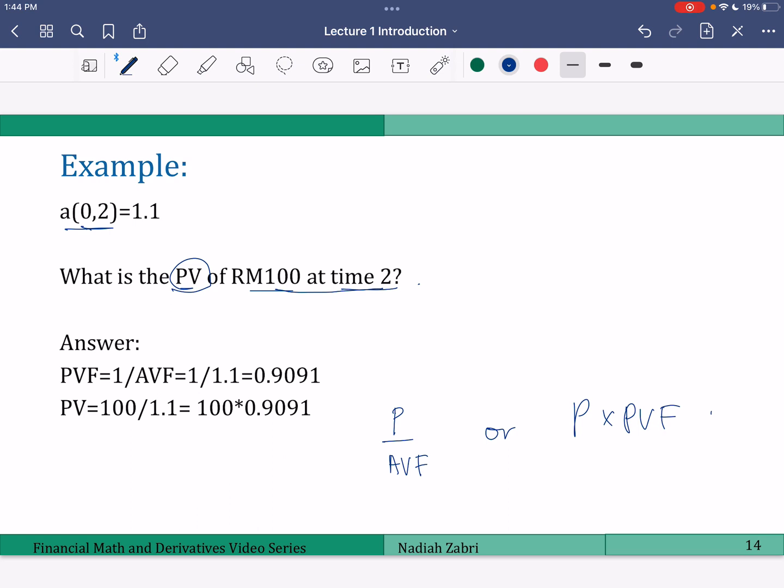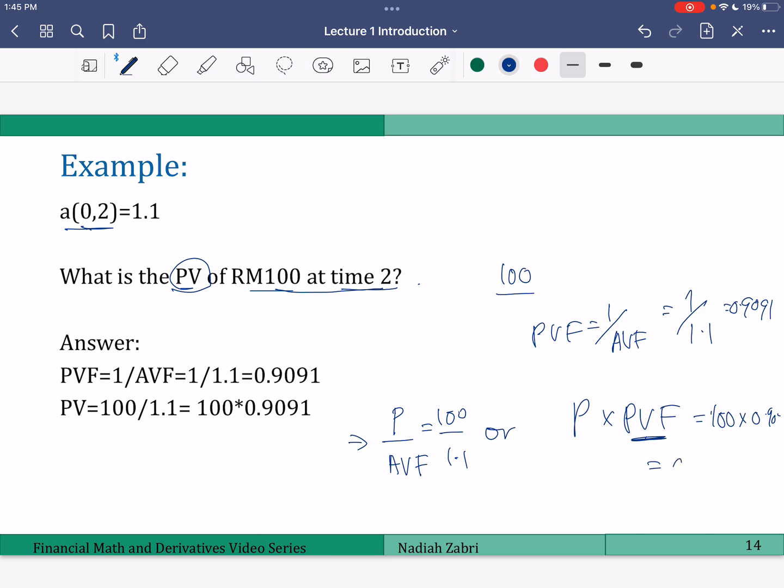If you want to do it this way, you can straight away do 100 over 1.1. Or if you want to do it this way, you have to find the PVF first. So the PVF is 1 over AVF, 1 over 1.1, which is 0.9091, and then you have to do 100 times 0.9091, so you get 90.91. Okay, either way also can.